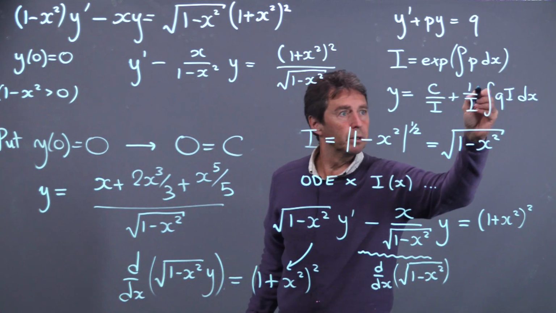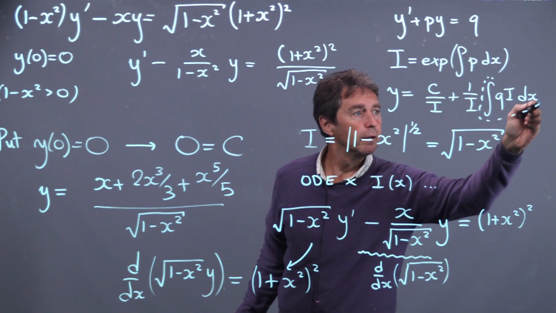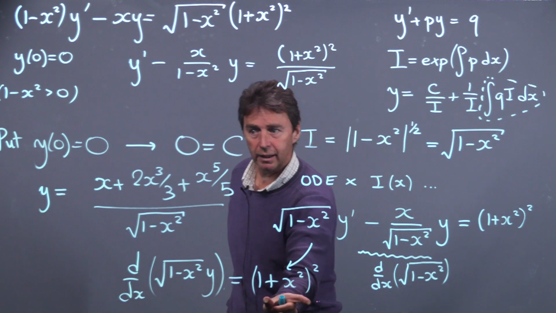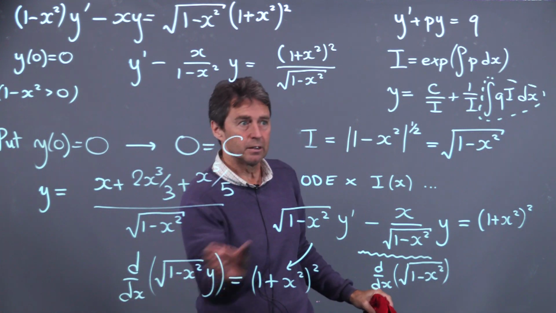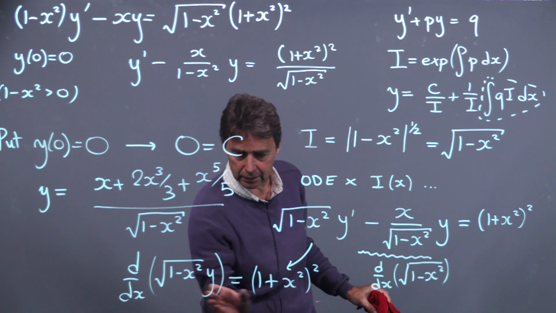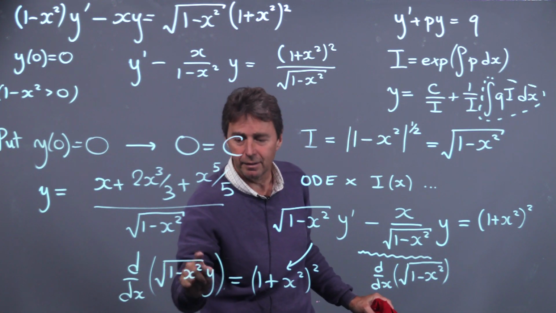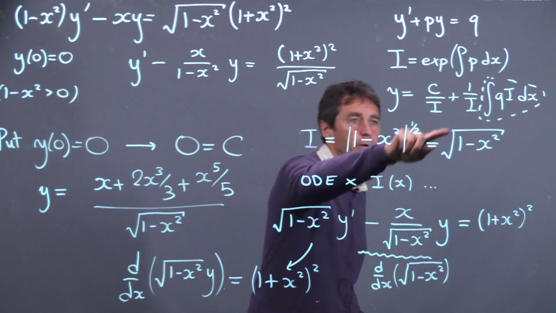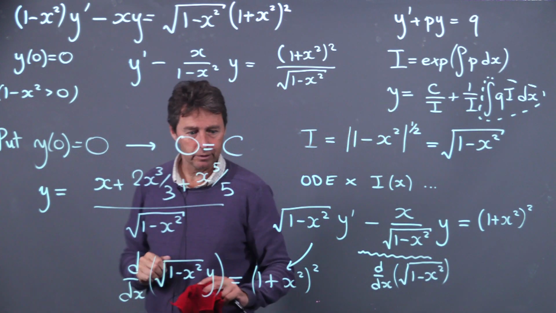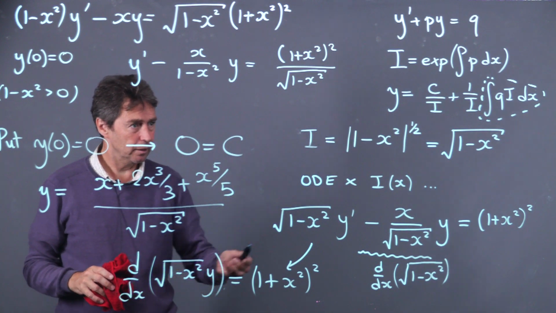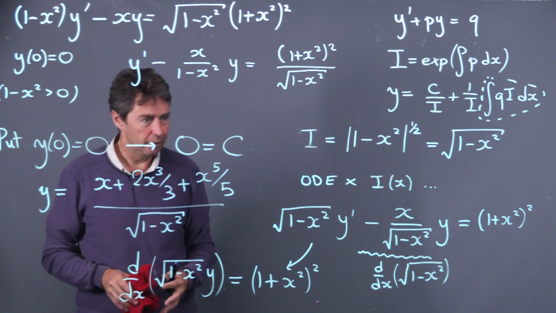So this bit here, you recognize is just the integral of that. That's exactly how we evaluated it. And to get this answer, it's basically just integrating that and then dividing by the square root, the integrating factor, and not forgetting the arbitrary constant of integration. So that's the integrating factor in action.